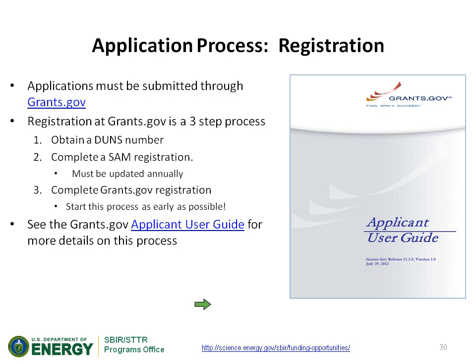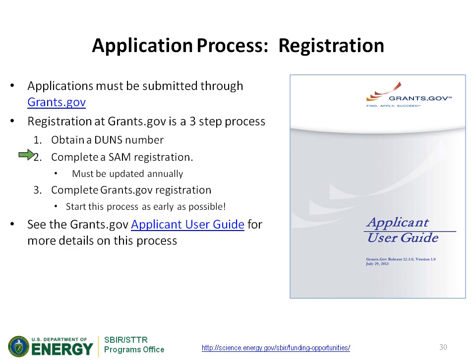We are a granting agency, and therefore our applications are submitted through grants.gov. Unfortunately, to submit an application through grants.gov, you have to do 3 different things. The first is you have to obtain something called a DUNS number. The instructions for each of these steps are included in the grants.gov applicant user guide. There's a link right here.